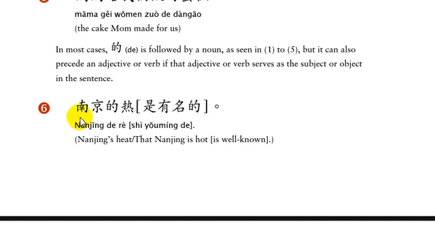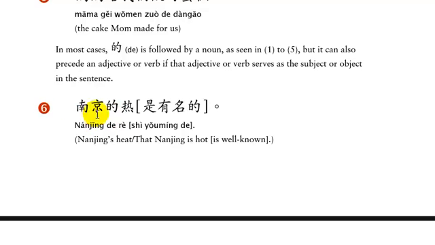okay, here you have Nanjing, okay, and Nanjing is hot. So you have hot, okay, 热, hot. Here's our adjective, but it's the subject of the sentence. 热, hot. Okay, but what hot? The hotness from the stove? The hotness from the fireplace? No, it's Nanjing 的热. Nanjing is a city, so it's the heat of Nanjing.